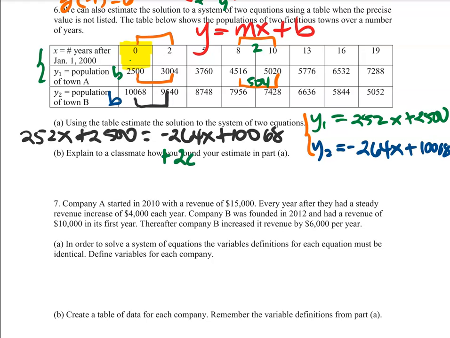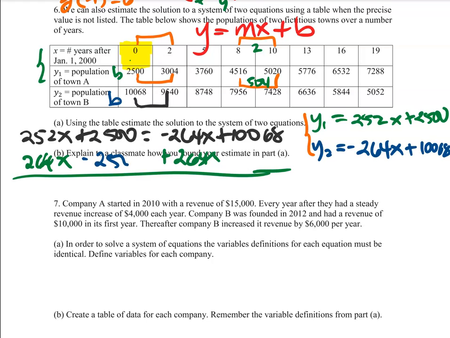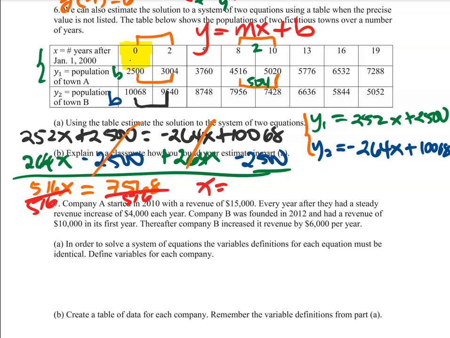So if we add 264x to both sides, and at the same time subtract 2500 from both sides, you will have 252 plus 264 is 516x equals 10,068 minus 2500 is 7568, and then divide both sides by 516. You will have x is equal to 14.67.